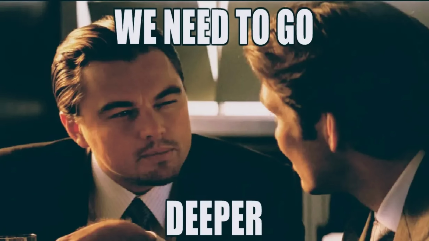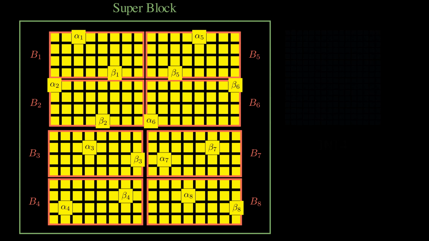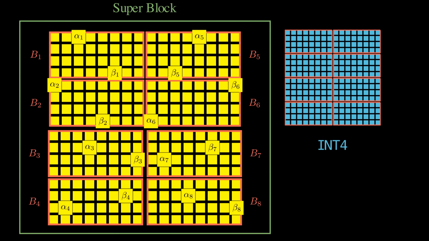Why not quantize the quantization constants themselves? This time, we'll group 8 regular blocks into one big superblock. On the quantized side, each regular block still contains 32 int4 weights, but this time, the scales S and offsets alpha corresponding to each block are stored as int8.